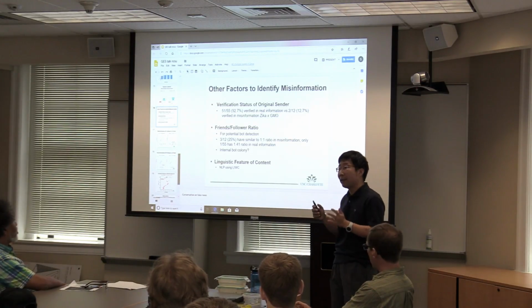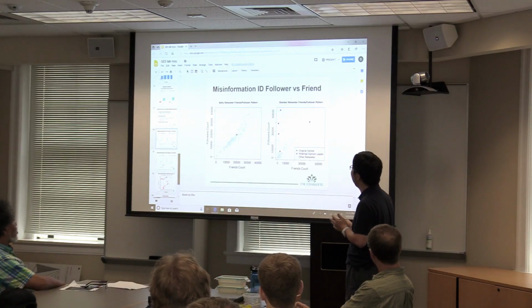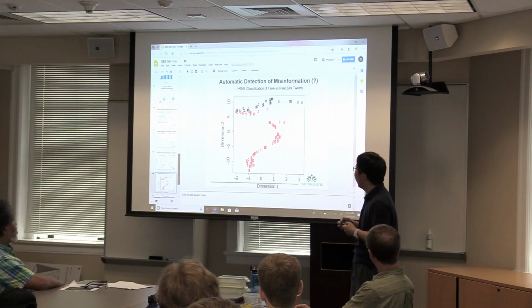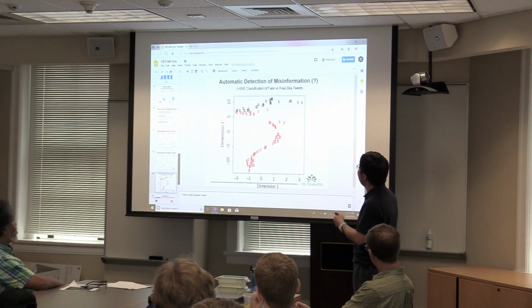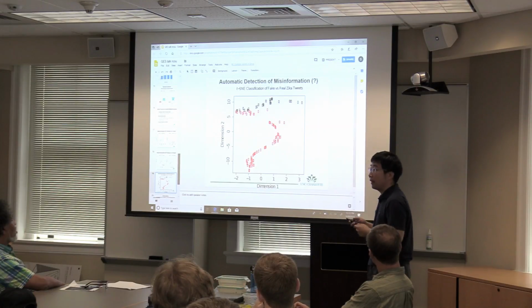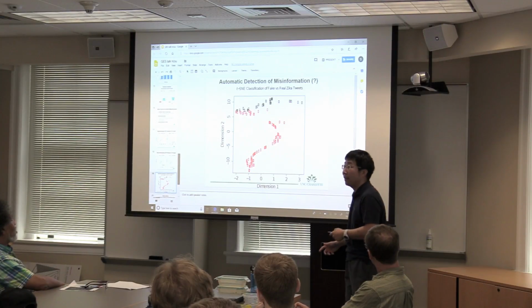So with all these factors combined, I have a very coarse and very primitive model, called t-SNE, the t-distributed stochastic neighbor embedding, a method for dimensional reduction. All the red ones are real information, and all the black ones are misinformation.